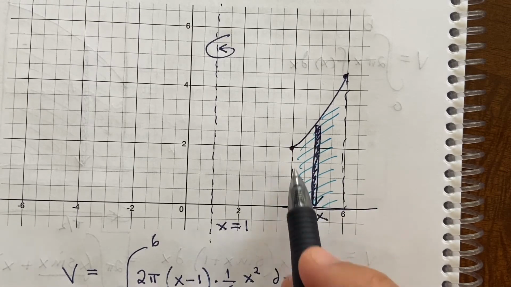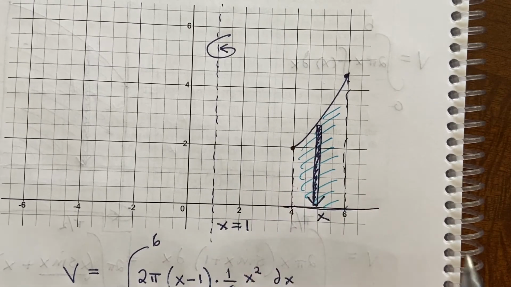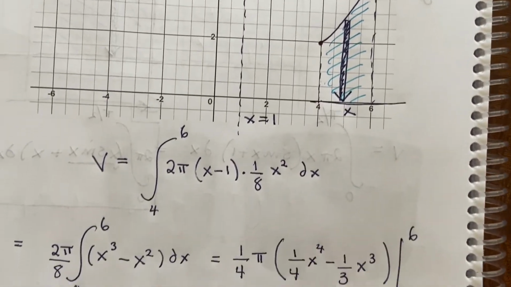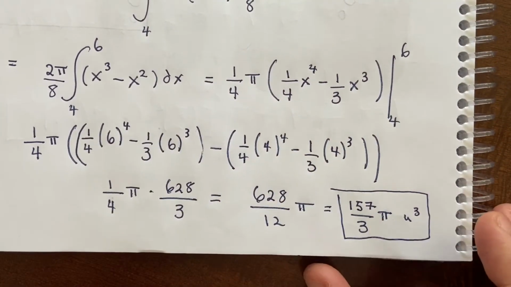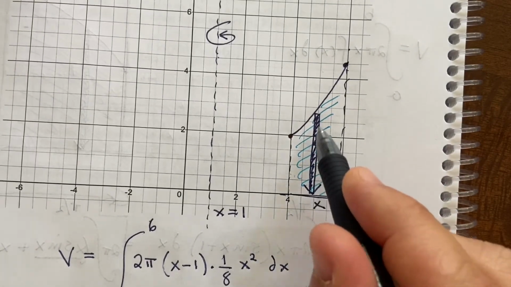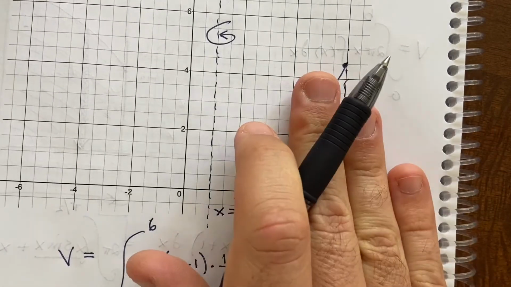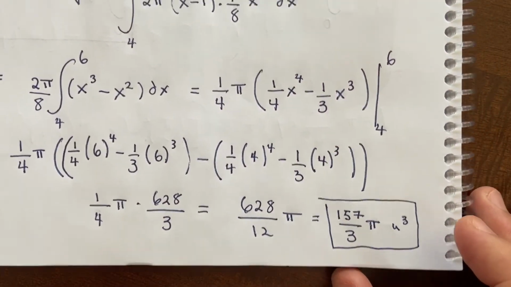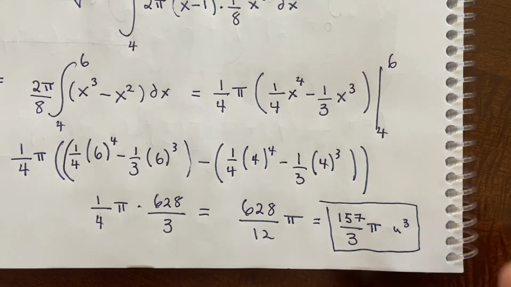You would go from 0 to 2, and then from 2 to 4.5, and need those two separate integrations. With the shells method, we were able to just stick with one region, and this entire region just got folded over, and because of that, our integration is a little bit more simple.